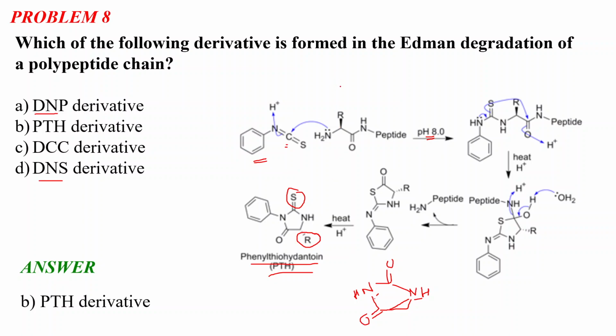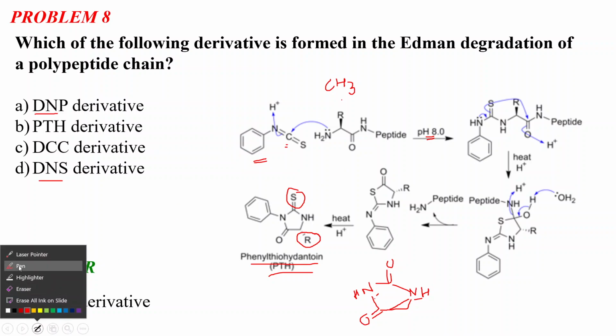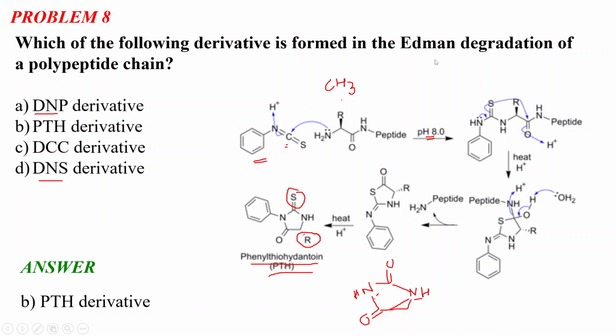Suppose it was alanine, then we will have methyl in the place of R. Seeing the methyl, we can say that the N terminal amino acid was alanine. You can just answer this kind of question like that. So just remember the structure.